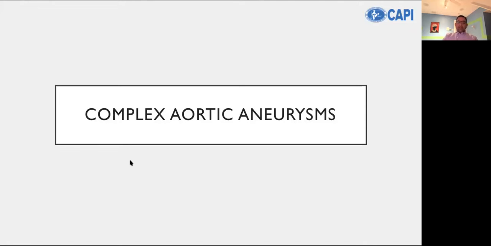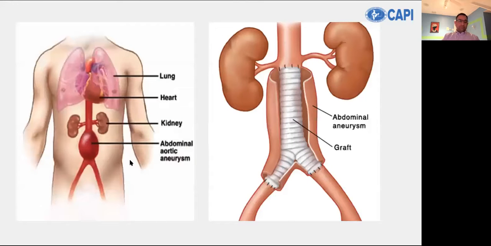So I'll switch over to the complex aortic aneurysms, and it's again a very brief presentation. I'm keeping it basic and not going into the details from the vascular and cardiac perspective. So when we look at aortic aneurysms, how do we repair them? Firstly, for the indications for repair, the rules of five very much apply.